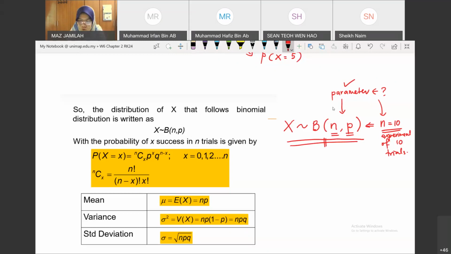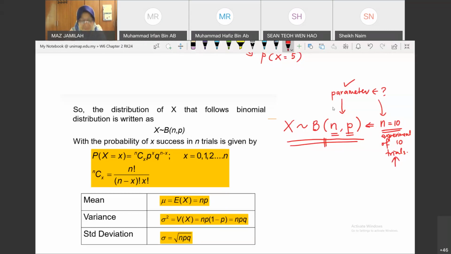When we are talking about random variable X following binomial, the ultimate goal is how to find the probability, how to calculate the probability from this particular number of trials. This concept will help you out. Whatever number of trials you have for your experiment, the binomial probability distribution helps you calculate the probability easily.